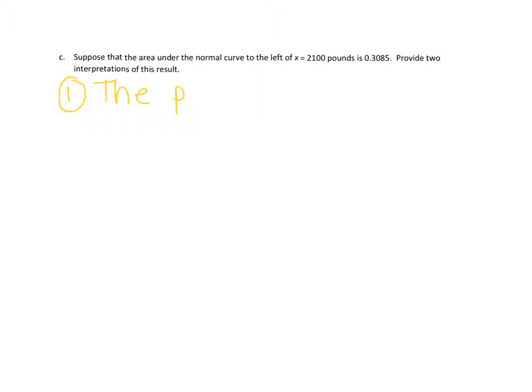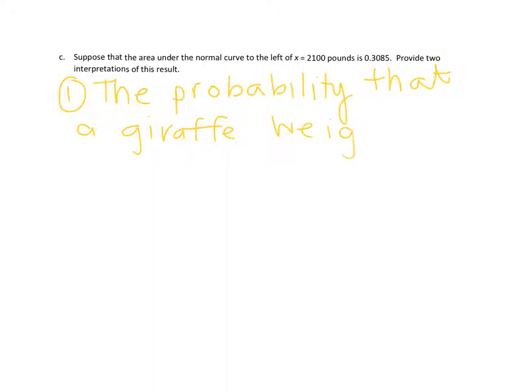So the probability of an individual, so a giraffe, so the probability that a single giraffe, and then that interval represents less than 2,100 pounds because we're going to the left of 2,100 pounds. That probability is 0.3085.